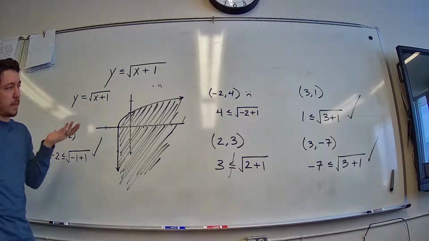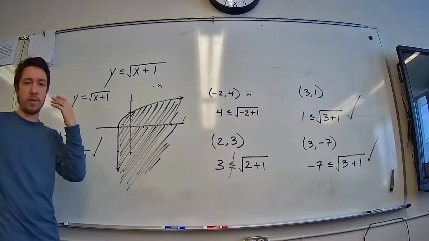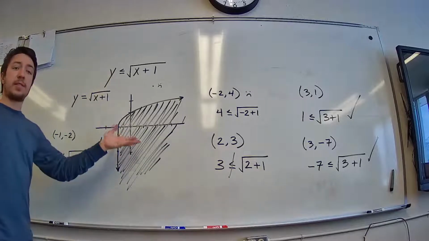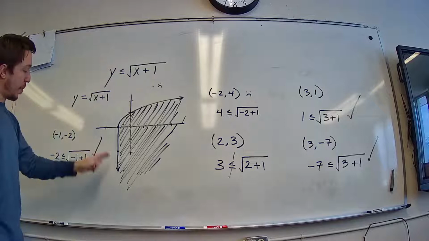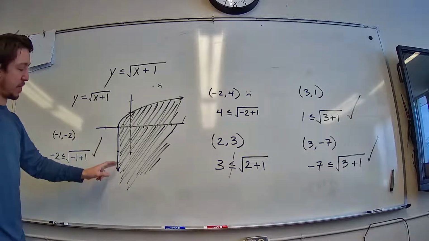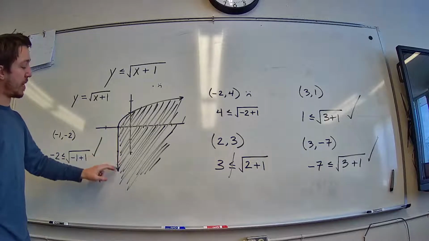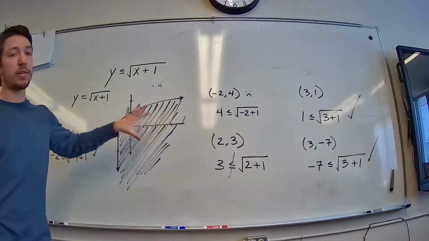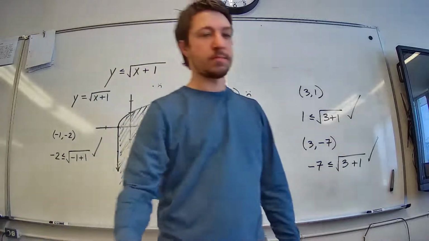But that's okay, that's not a problem. We're not trying to graph a function, that's not our goal. Sometimes we get confused, we think our goal is to graph functions. No, our goal is to represent the set of points that satisfies this statement up here. Any point on this vertical line here, I guess technically it's a ray, any point on this curve works, and any point trapped over in this shaded zone works.